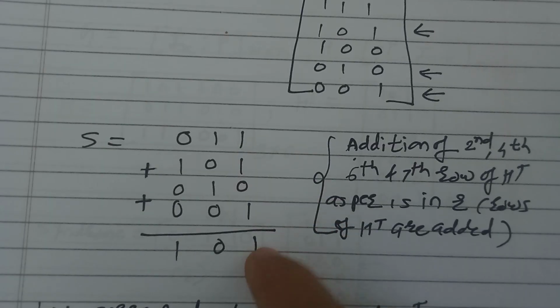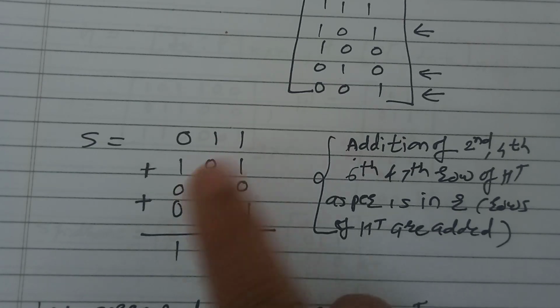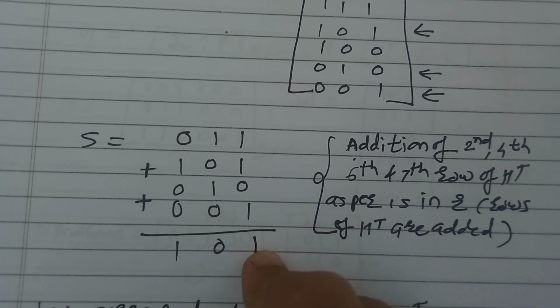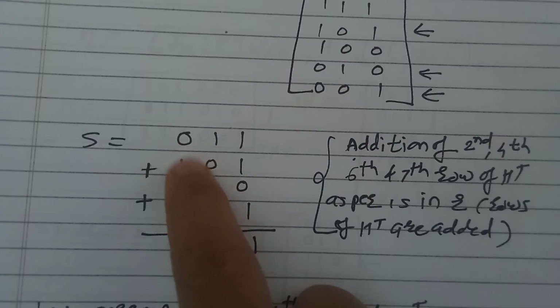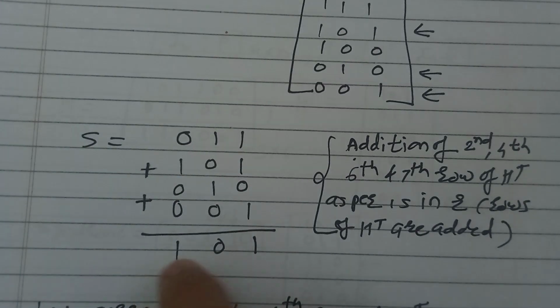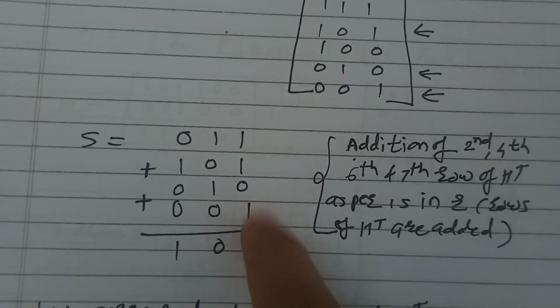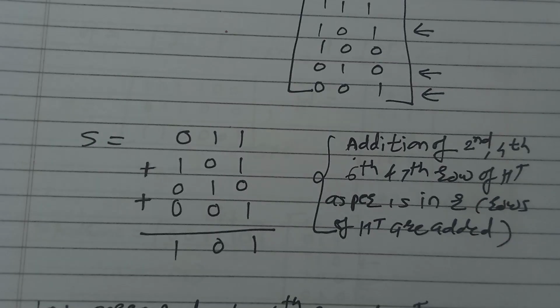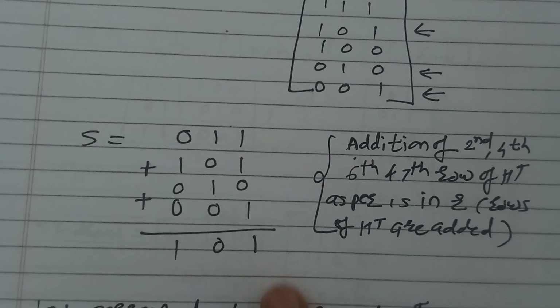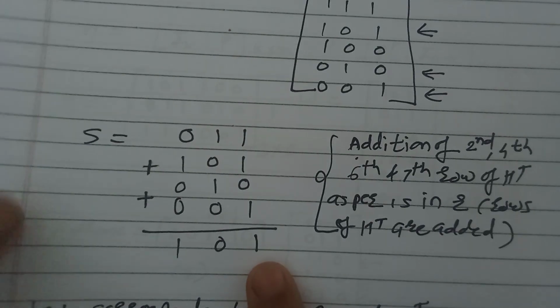So when odd ones are there, write 1 as the addition, because you know that in XOR 1 plus 0 is 1, 0 plus 1 is 1 and 1 plus 1 is 0. So whenever odd ones are there, the addition is 1. So here even ones are there, so 0. Odd ones are there, so 1. So the addition is 101. This method will save your time in the exam. So the syndrome is 101.